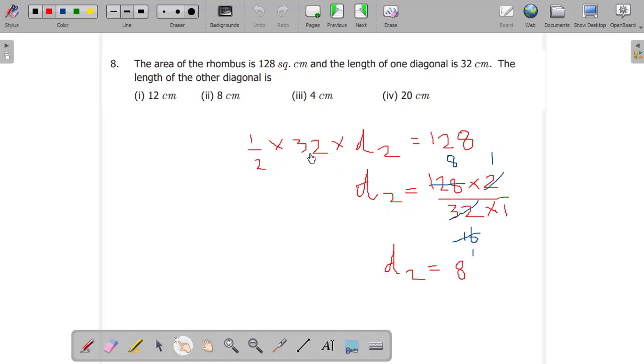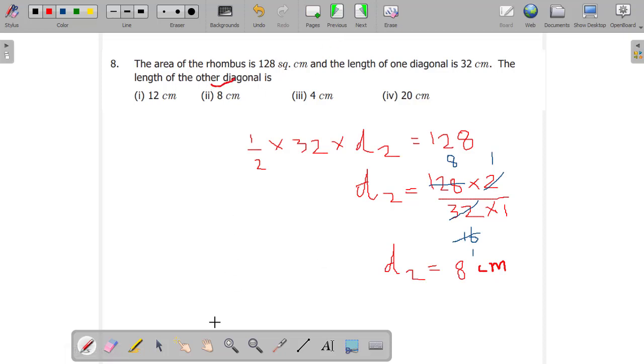Multiplying factor 32 will become dividing factor. If we simplify, 1 2s are 2, 6 2s are 12, so 16. 16 2s are 32. If we simplify these two numbers, 1 16s are 16, 8 16s are 128. So D2 is equal to 8 centimeter. Therefore, the answer is second option, 8 centimeter.